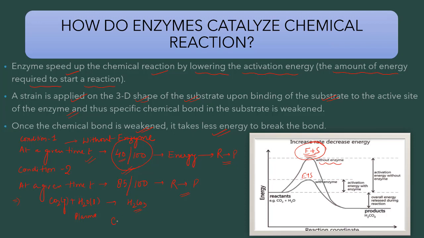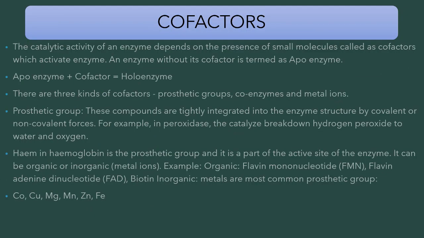But in the presence of the carbonic anhydrase enzyme, the rate of reaction increases 150 to 200 fold. This means the formation of H2CO3, that is carbonic acid, increases. So this is the effect of enzyme. Okay, so enzyme helps to convert reactant into product by lowering the activation energy.